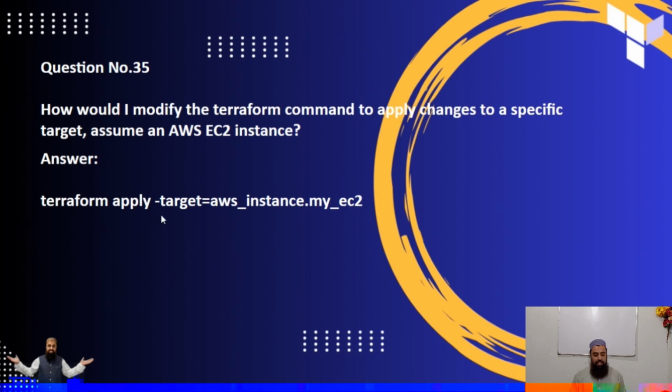For instance, my target is my EC2 VM, and I am downgrading or upgrading it. So I just want to apply changes to this. Instead of running Terraform apply all over again, I can just apply to a specific target, and this Terraform apply will update or modify this specific target. So that's how we can mention that target.